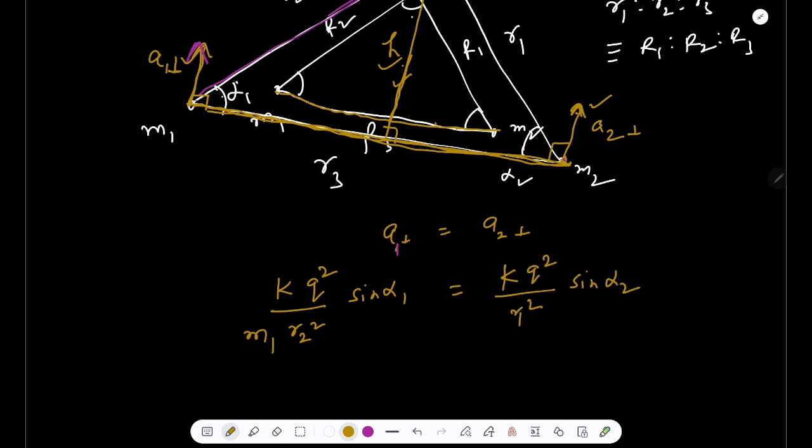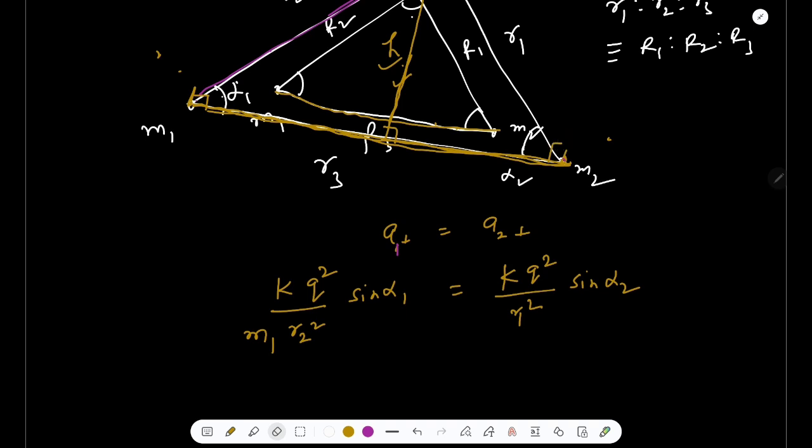Actually a1 and a2 should not be in this direction. Perhaps I made this mistake from earlier.